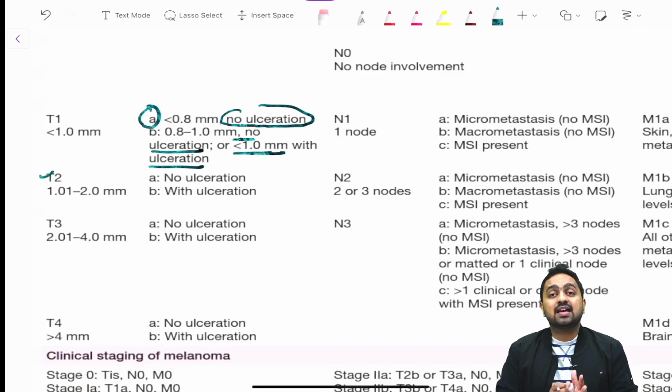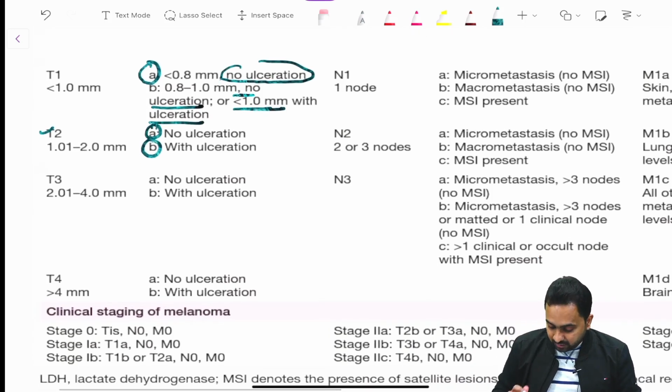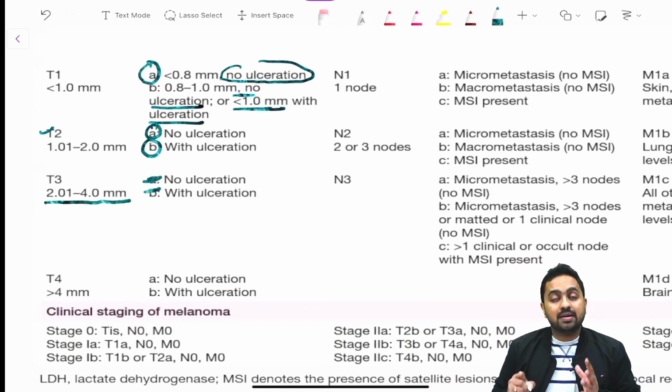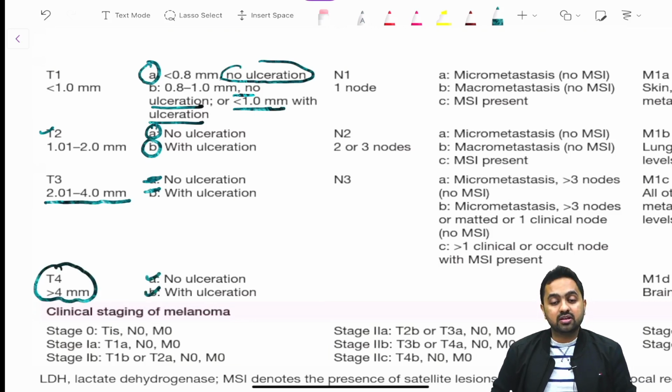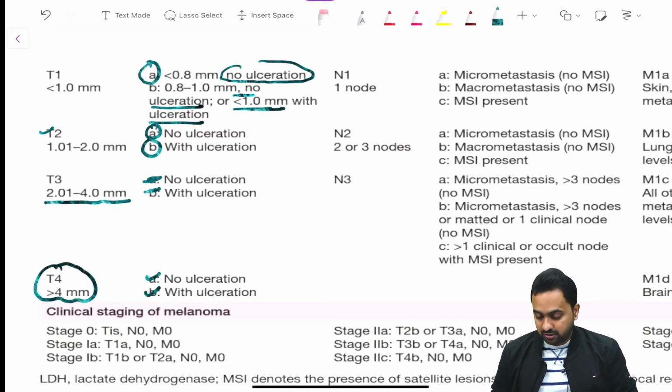T2 is size from 1 to 2 mm. A is no ulceration and B is present with ulceration. T3 is size 2 to 4 mm. Again, A with no ulceration and B with ulceration. T4 is size more than 4 mm. A with no ulceration and B with ulceration.